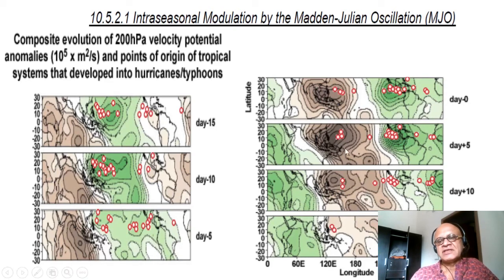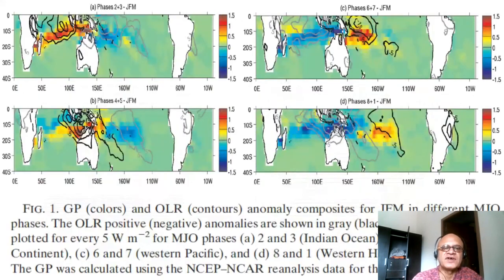Okay, so basically lots of evidence of interactions between MJO phases and cyclogenesis, but no accepted theory as to exactly how it happens. But definitely the MJO phase affects the transition of the easterly waves into this region and cyclogenesis in this region, and the active phase here and the cyclogenesis. But there are also some cyclones born in the suppressed phase of MJO, or the dry phase of MJO.